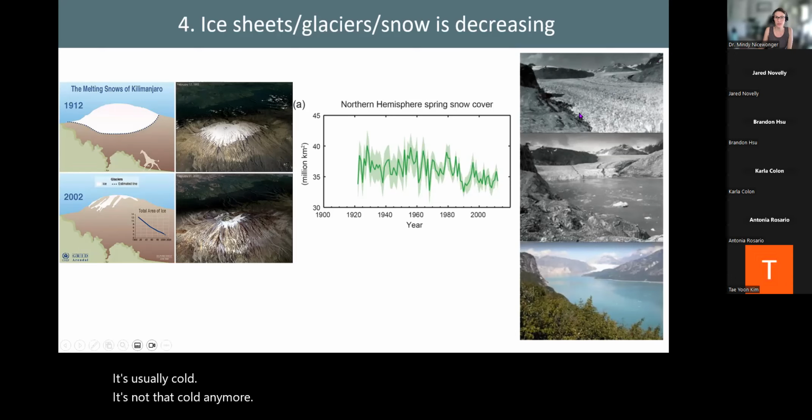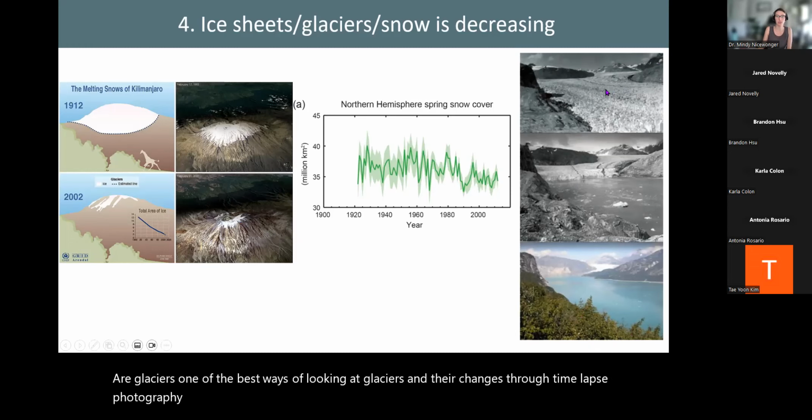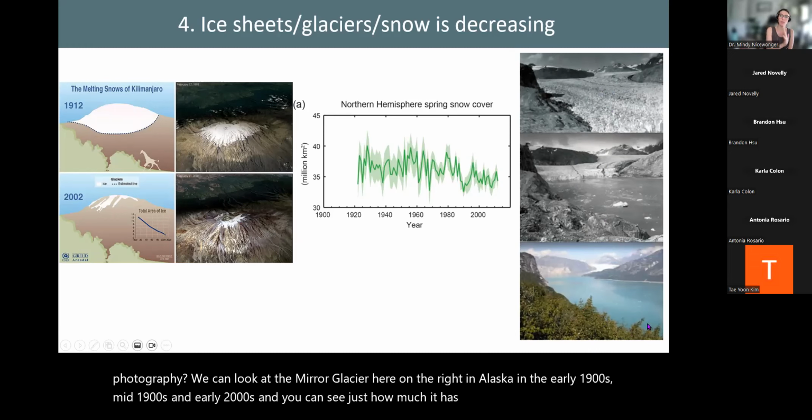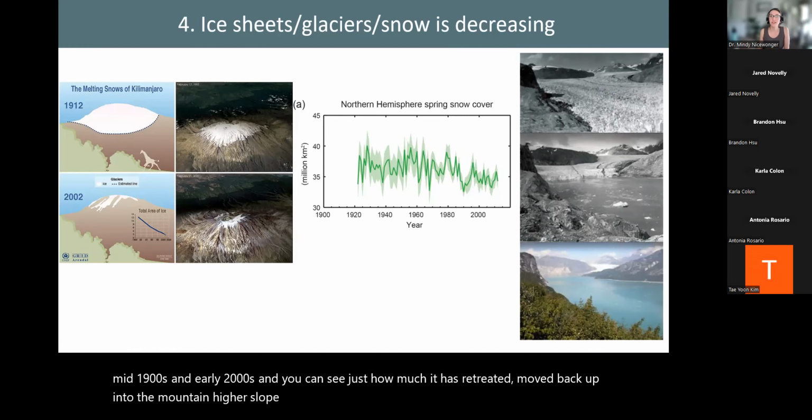Our glaciers, one of the best ways of looking at glaciers and their change is through time-lapse photography. We can look at the Muir Glacier here on the right in Alaska in the early 1900s, mid 1900s, and early 2000s. You can see just how much it has retreated, moved back up into the mountain, upslope, to find those colder temperatures where it's not melting.